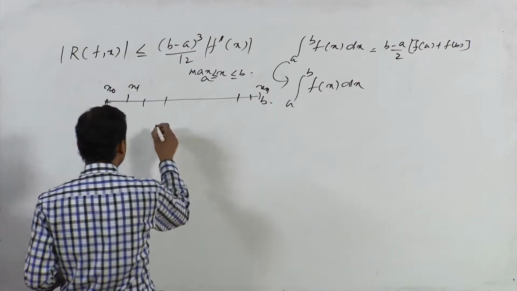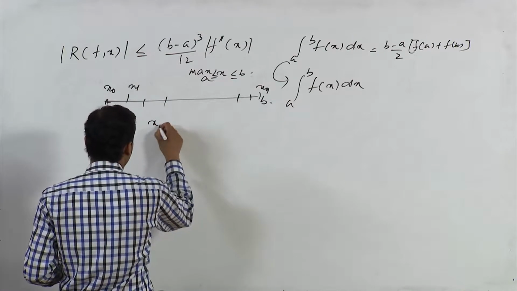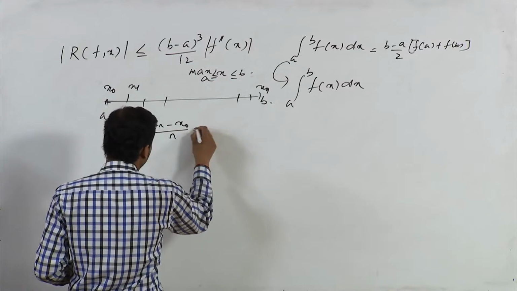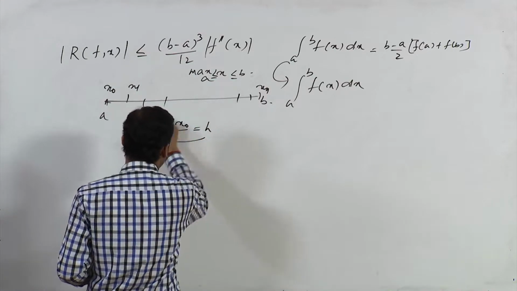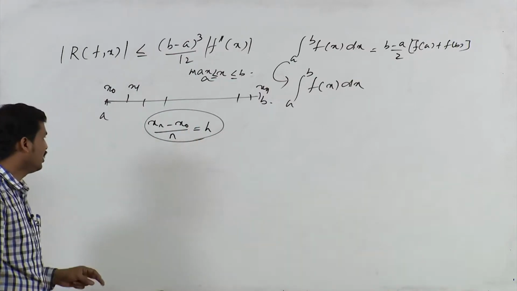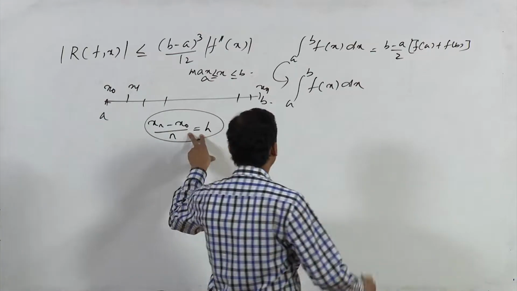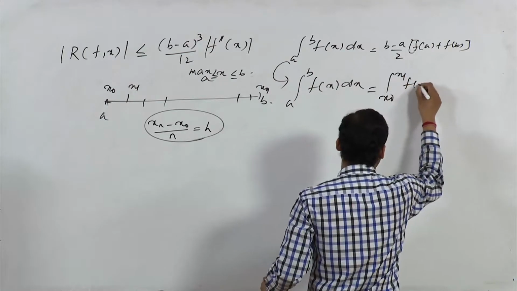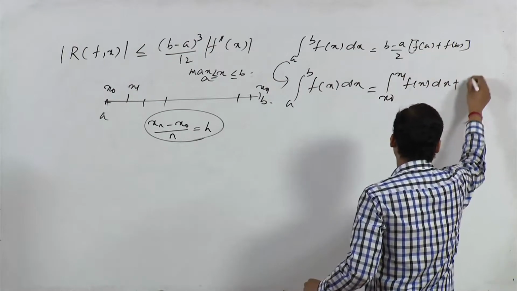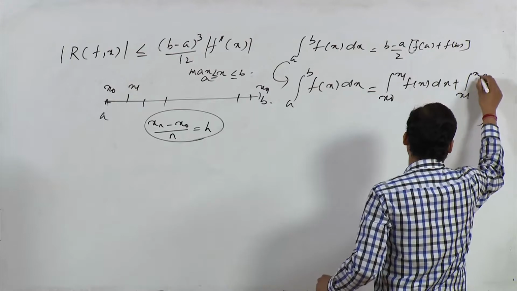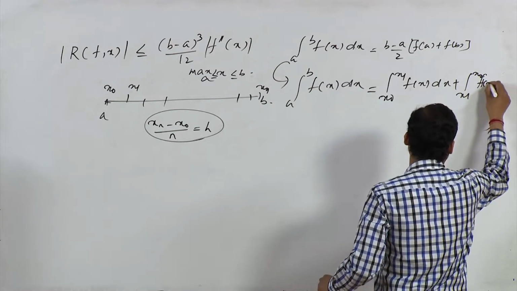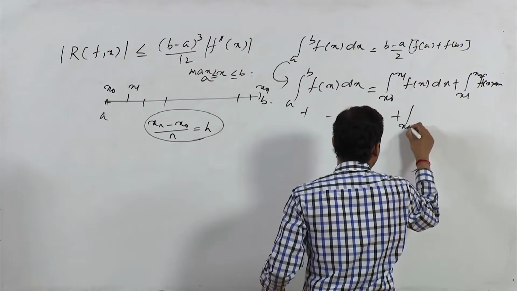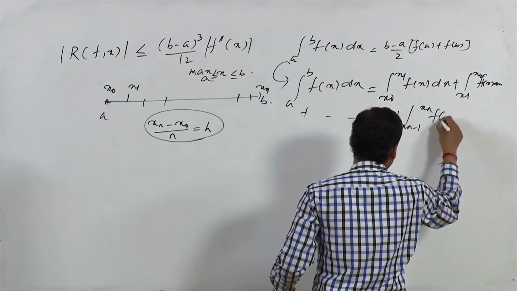So, usually we define (xn minus x0) by n as h. That is why we will have these intervals: the integral from x0 to x1 of f of x dx, plus x1 to x2 of f of x dx, plus up to xn minus 1 to xn of f of x dx.